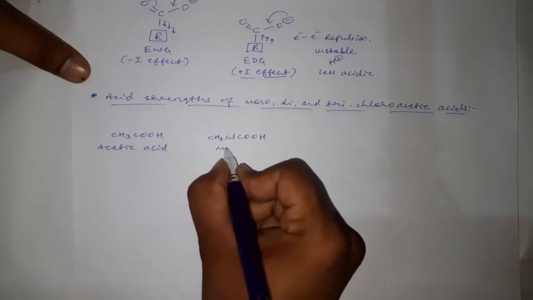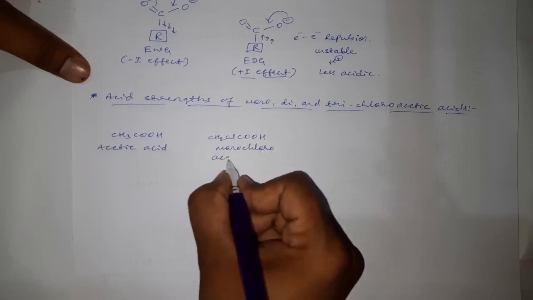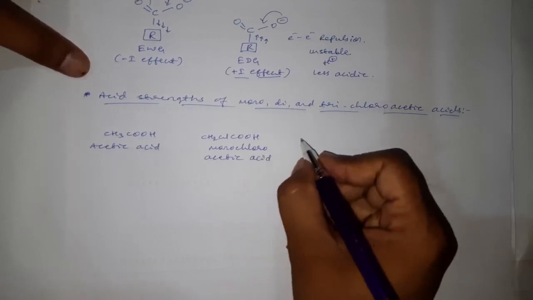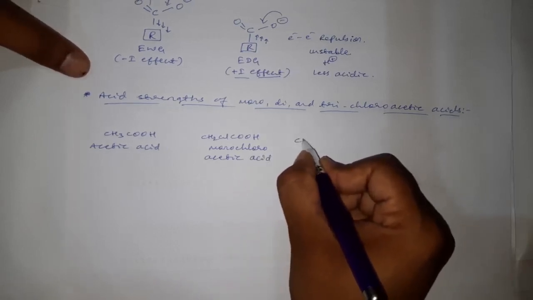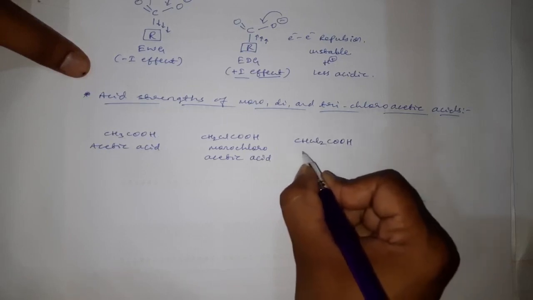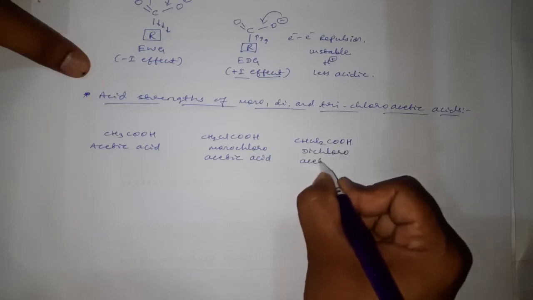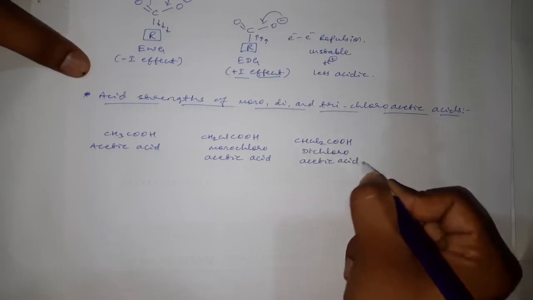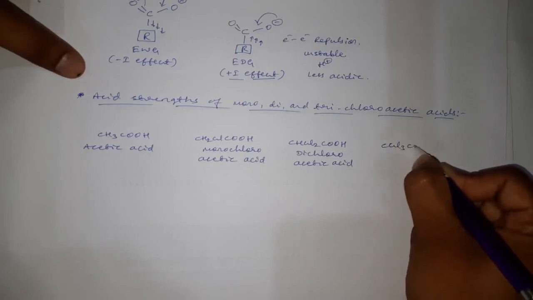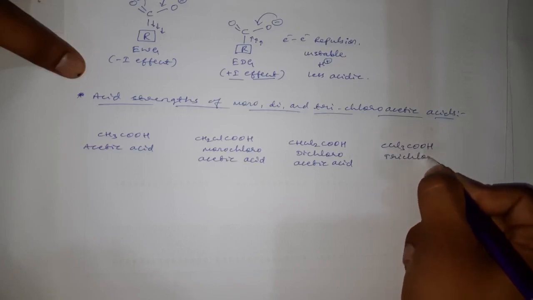It is what? Monochloroacetic acid. Then now we can easily write dichloro, CHCl2 COOH, dichloroacetic acid. Then CCl3 COOH. It is what? Trichloroacetic acid.